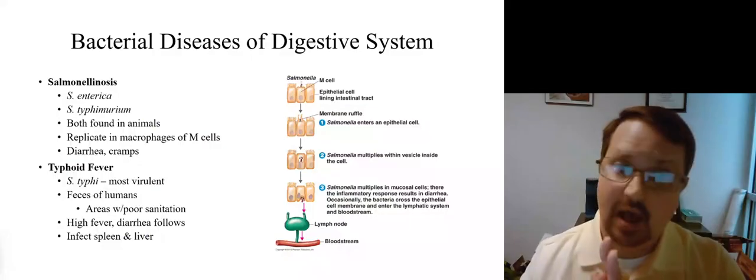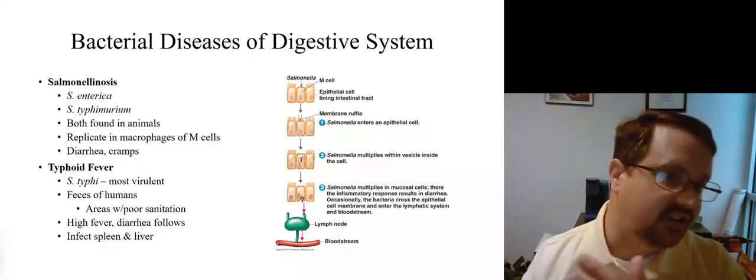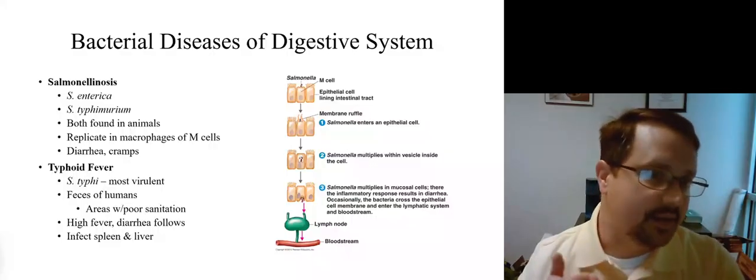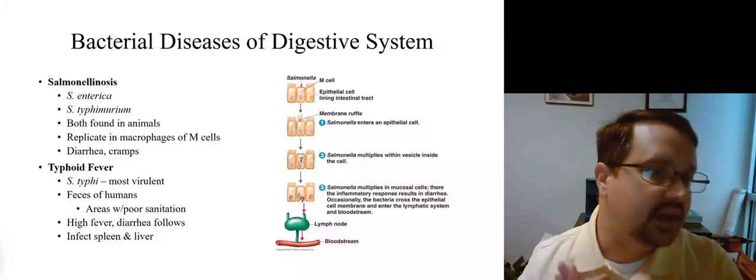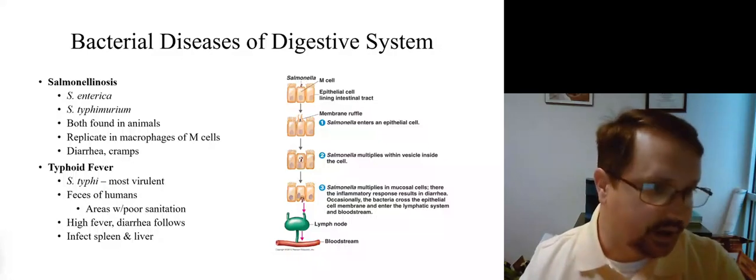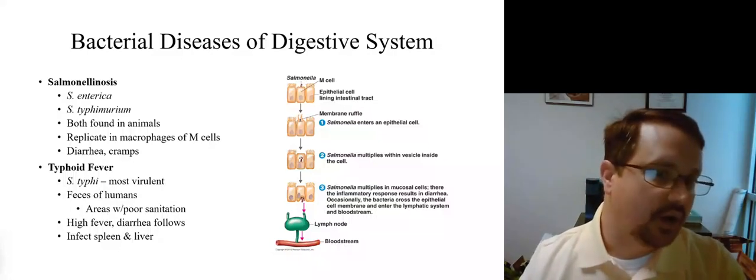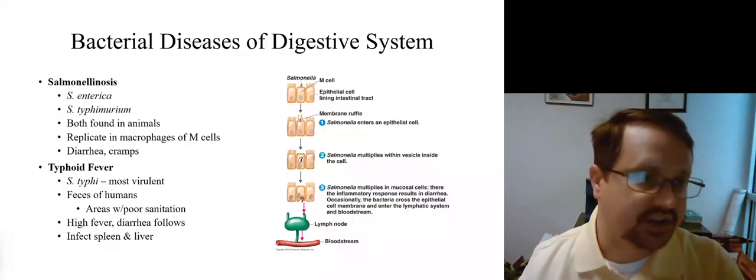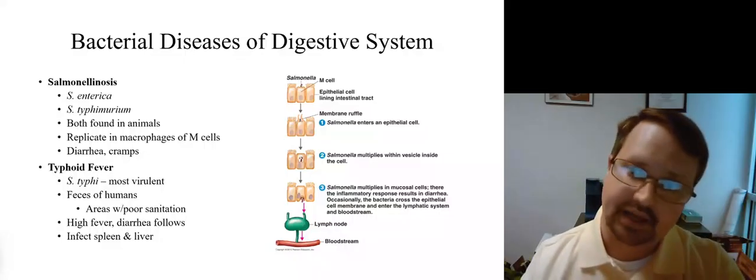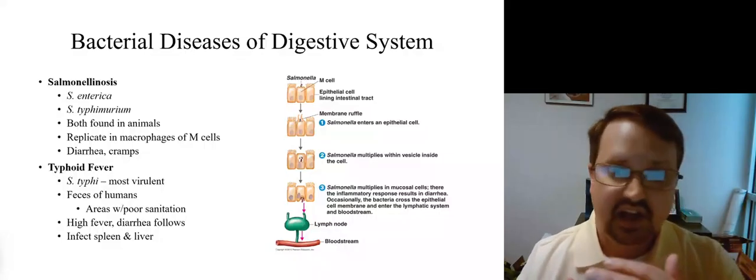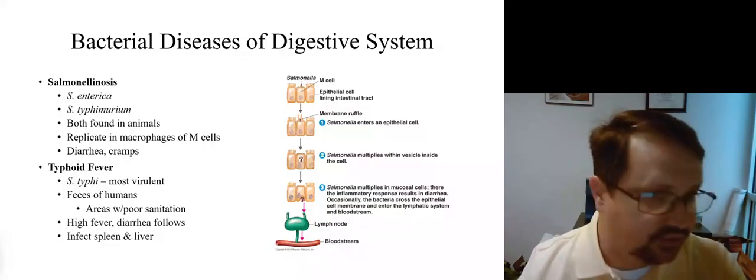Now, we'll talk about Salmonella, another thing like that. Very easy, Salmonella. Salmonella enterica and Salmonella typhimurium. They are found in animals, and you might get them on the surface of turtles and stuff like that.